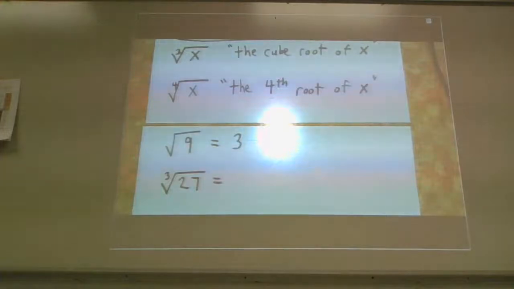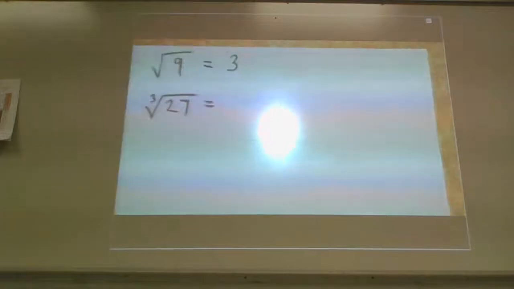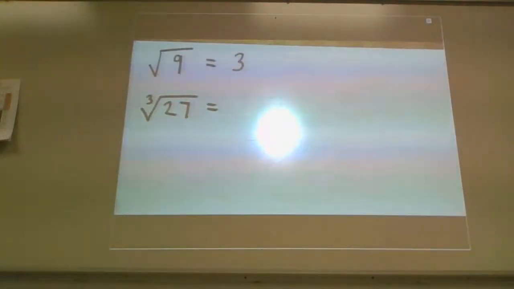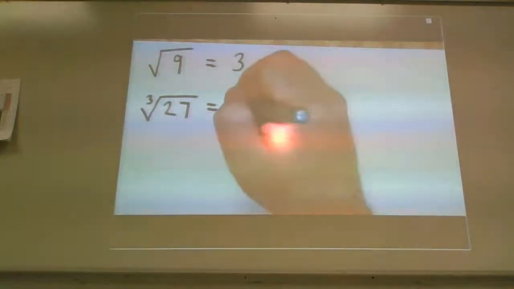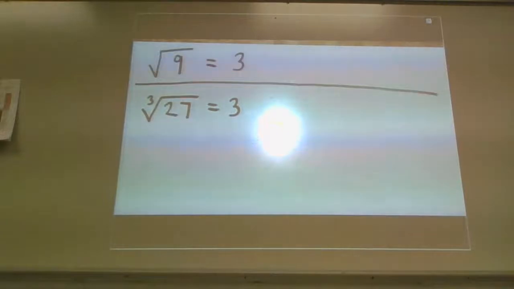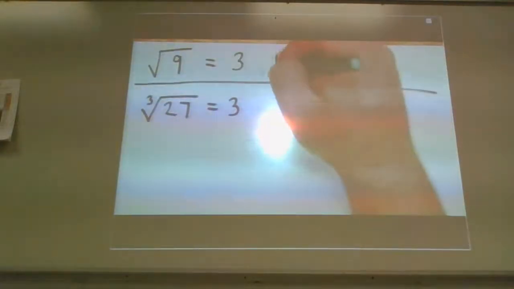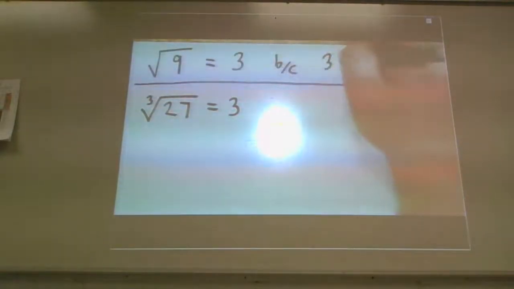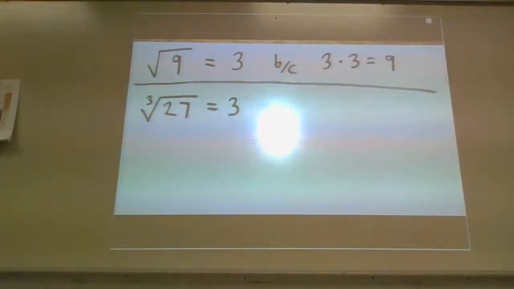What's the cubed root of 27? He says 3. I agree. Why? You're correct. Now that's interesting. First of all, the square root of 9 is equal to 3, to go back to the previous question, because 3 times 3 is equal to 9.